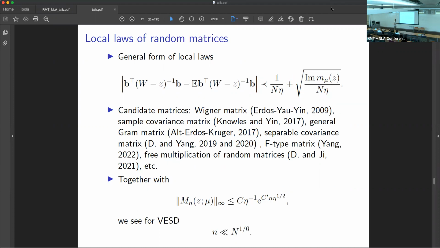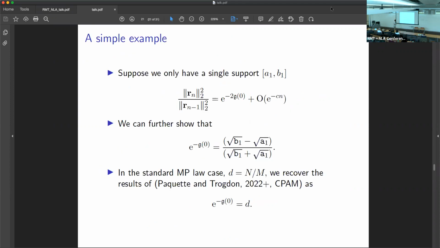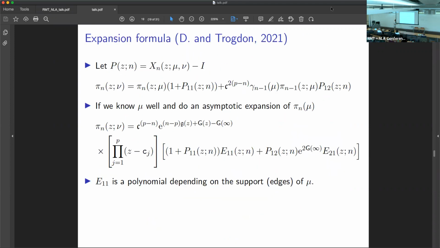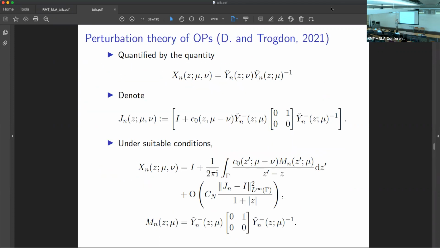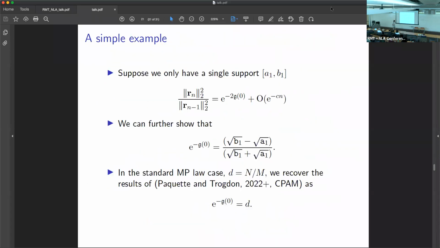This is involved in our first order correction for the Riemann-Hilbert problem, and this is the definition. Sorry, there are two big Ms.